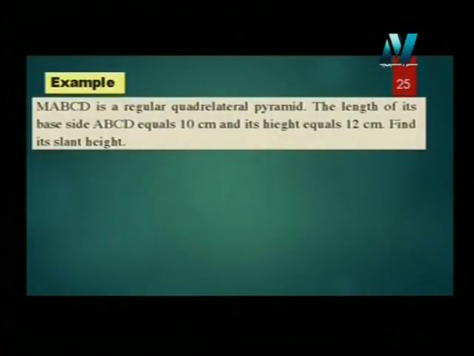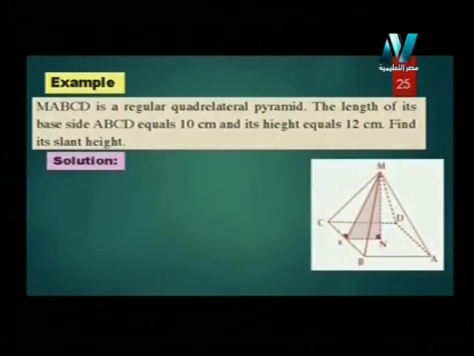Example: MABCD is a regular quadrilateral pyramid. The length of its base side ABCD equals 10 and its height equals 12 centimeters. Find its slant height. Solution: look at this pyramid. We have here the MABCD pyramid, and regular means that the base ABCD is a square and each side is of equal length.